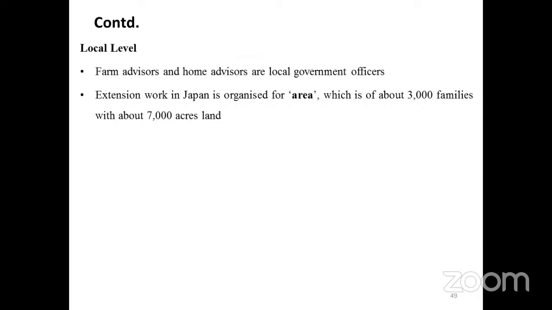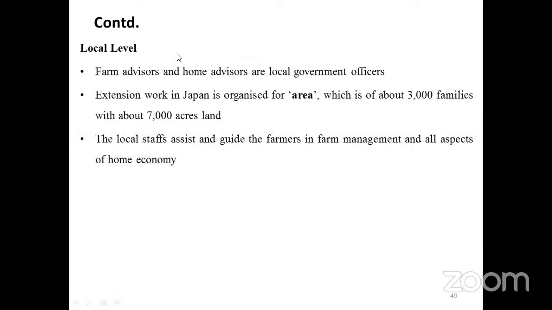Important is this local level in Japan, where the extension work is organized for an area. Here area means it covers around 3,000 families or up to 7,000 acres of land. So this is basically the unit of extension here.